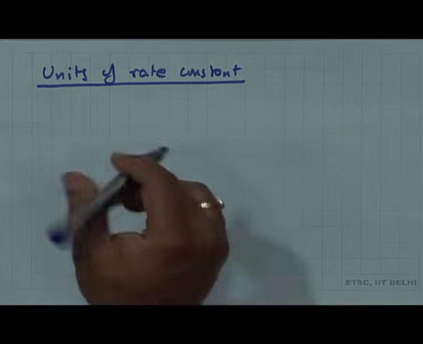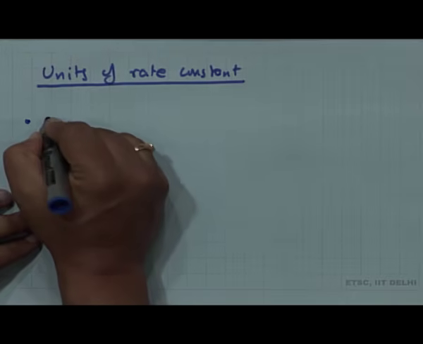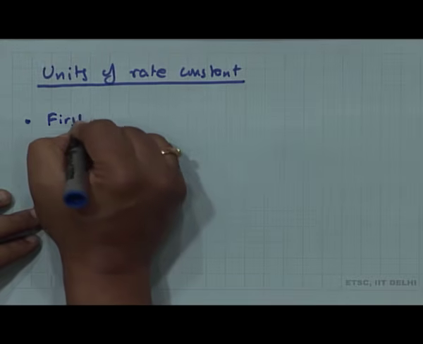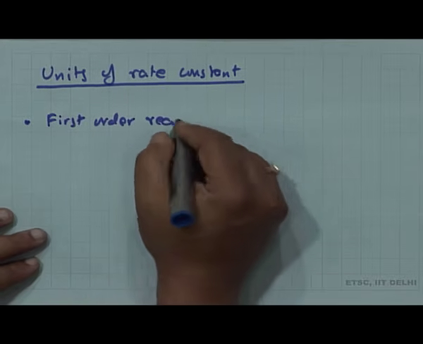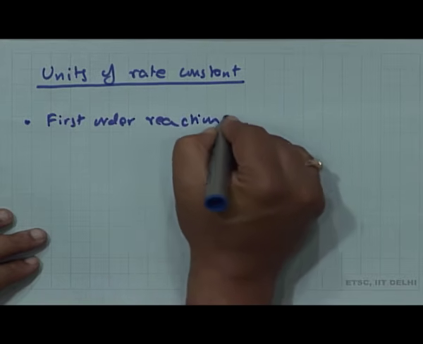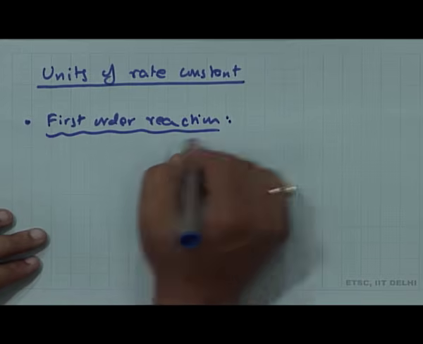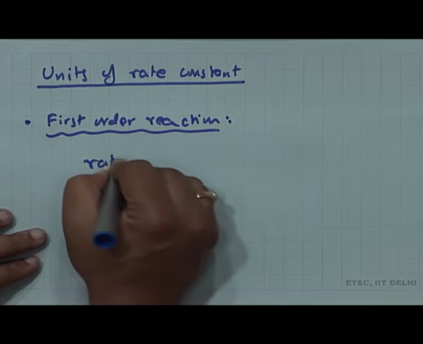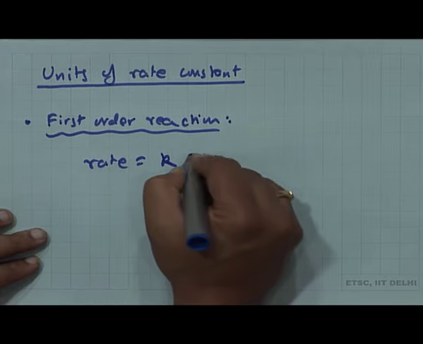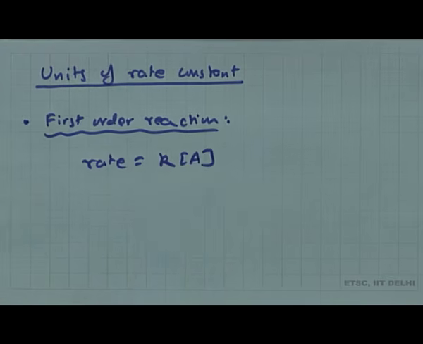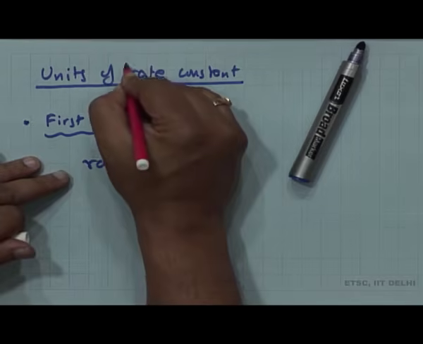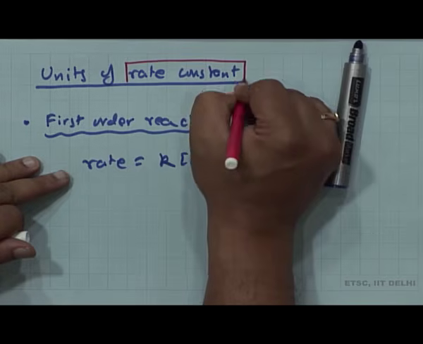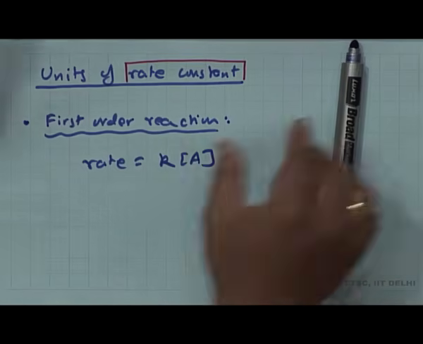Say for example, I do a first order reaction, okay. And in this first order reaction, we know that the rate is equal to K times concentration of A, right, very simple. Remember it is the unit of rate constant I am looking at right now, not the rate, but the rate constant.